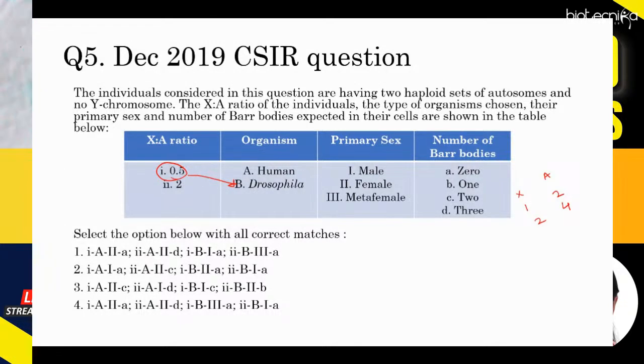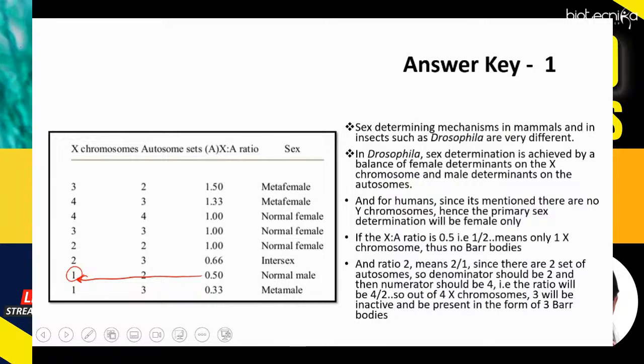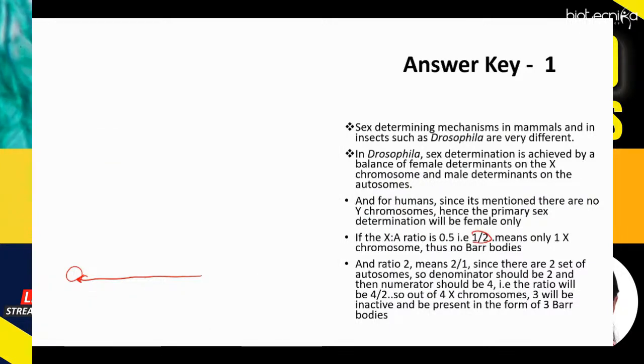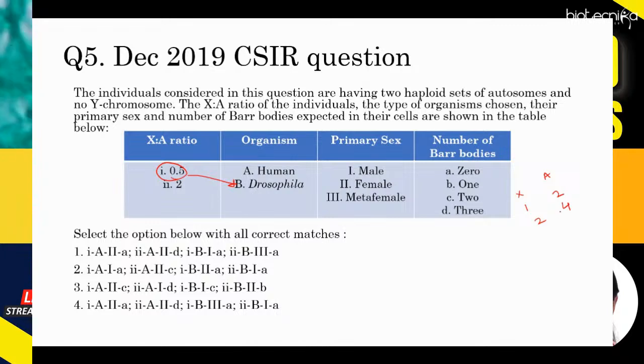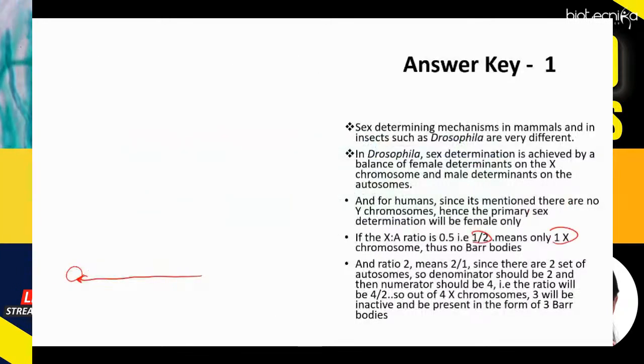Even if it is 2 by 4, it will be 0.5 only. It means only one X chromosome will be there, so that is why there will be no Barr bodies. Only one X chromosome is there, so why would a Barr body be required, isn't it? And let's say if the ratio is 2, so 2 means what?